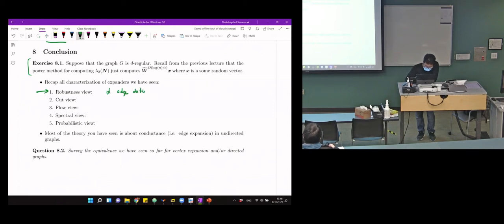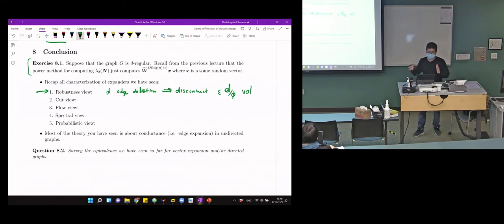Edge deletion disconnects at most D over 5 volume, and exactly an expander satisfies this.